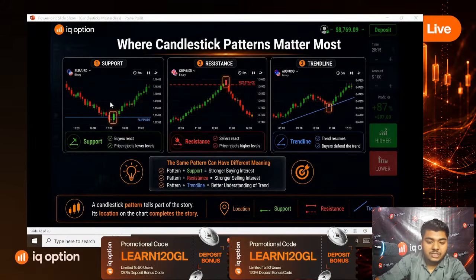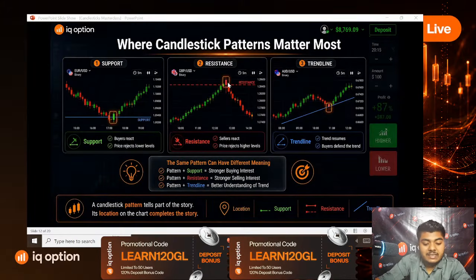The second chart here shows a resistance. Buyers push the price in the upward direction, and then we found what? Can you guess the candle? This is a shooting star candle. The single candlestick pattern is formed at a resistance.